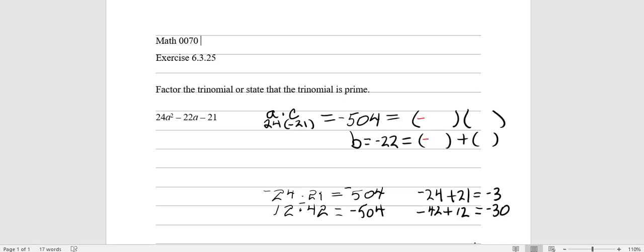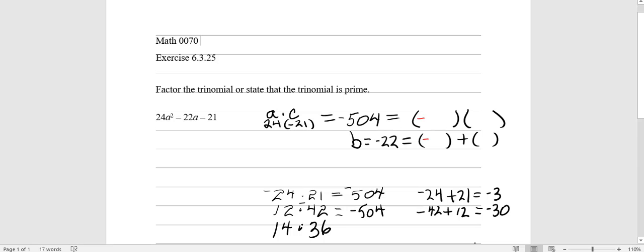So notice 14 goes into 42. So I'm going to divide 14 into 504. So I know then 14 will divide into 504, and it actually divides in 36 times.